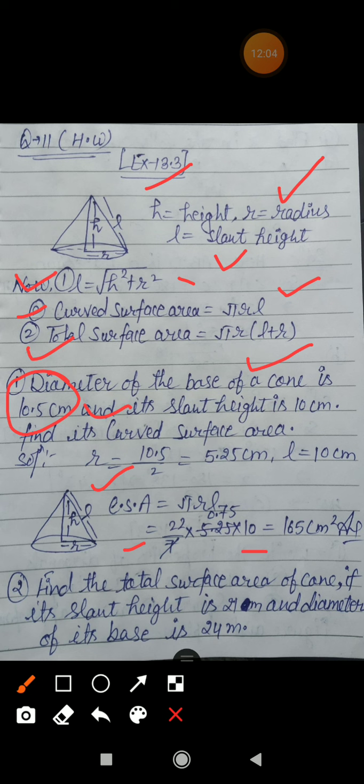You cancel 5.25 with 7, then you get 0.75, multiply these things and you get your answer. The answer is 165 centimeter square. So in this way you can solve this question easily.